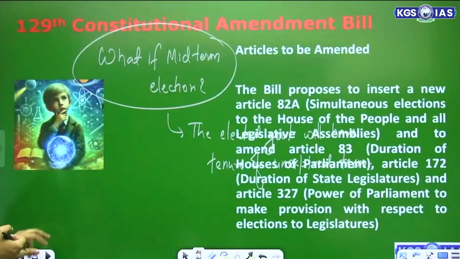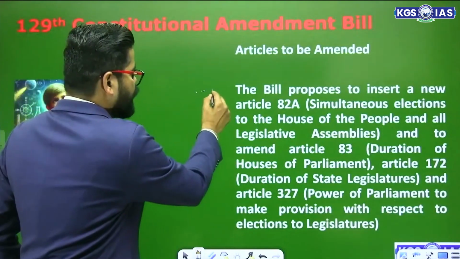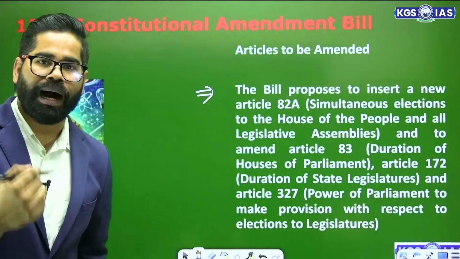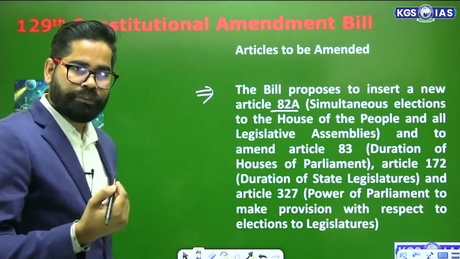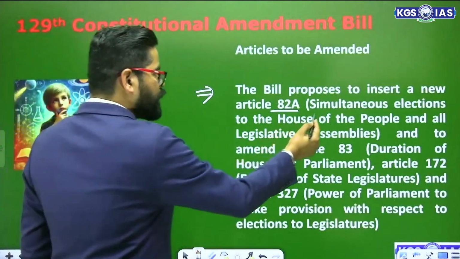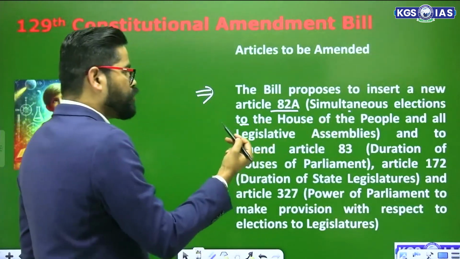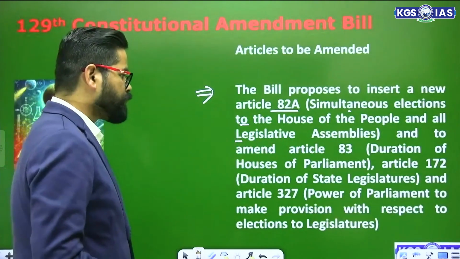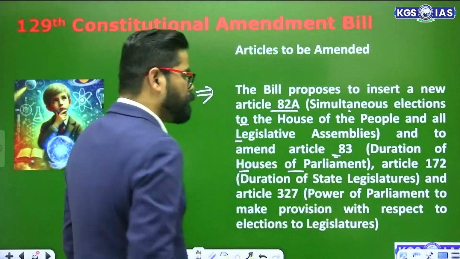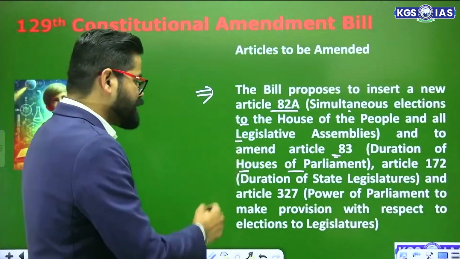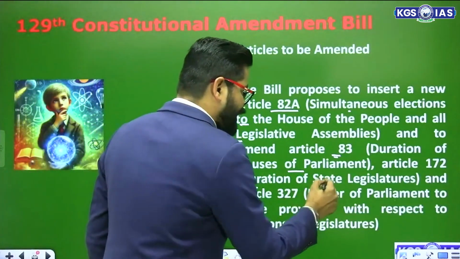This will lead to the insertion of some articles. Article 82A will be inserted, about simultaneous election to the House of the People and Legislative Assemblies. Article 83 will change the duration of Houses of Parliament. Article 172, duration of state legislatures.